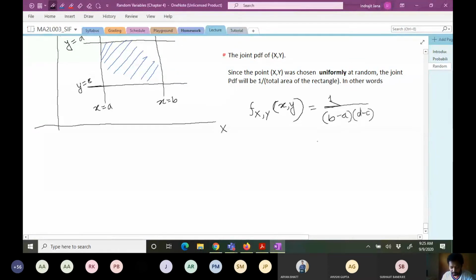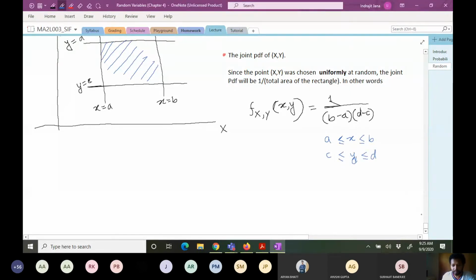And this is valid for a less than or equal to x less than or equal to b, and c less than or equal to y less than or equal to d.